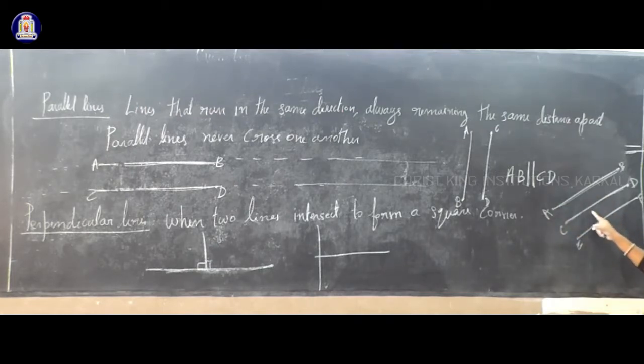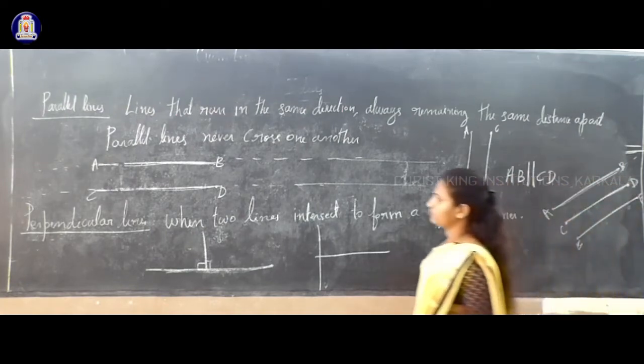Similarly, CD is parallel to EF. AB is parallel to CD, CD is parallel to EF, then AB is also parallel to EF. If you extend these lines, they will not meet at any point. This is what parallel lines are.